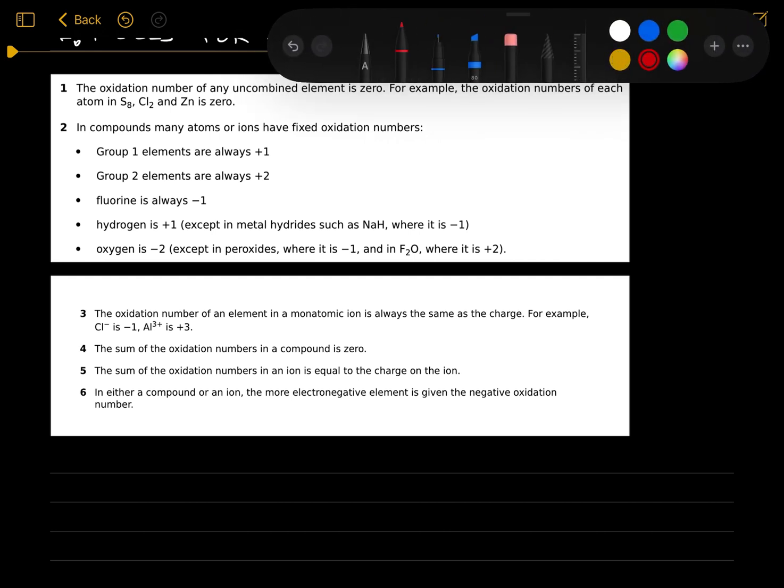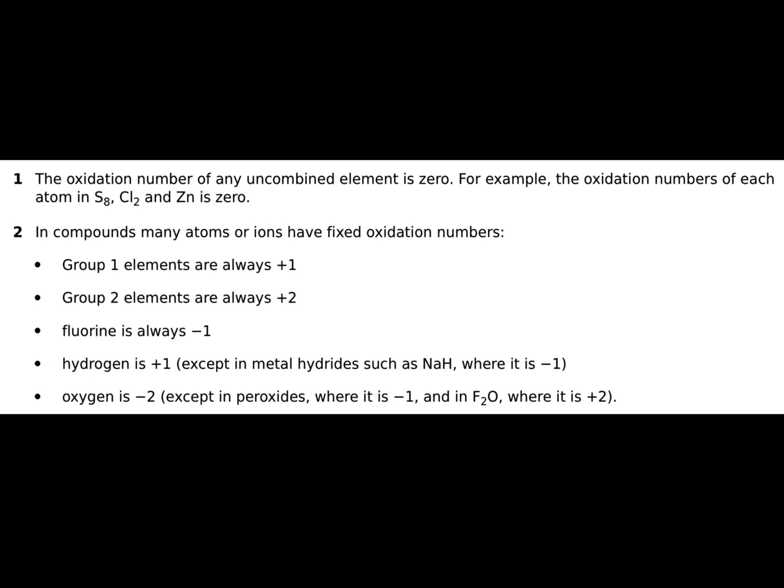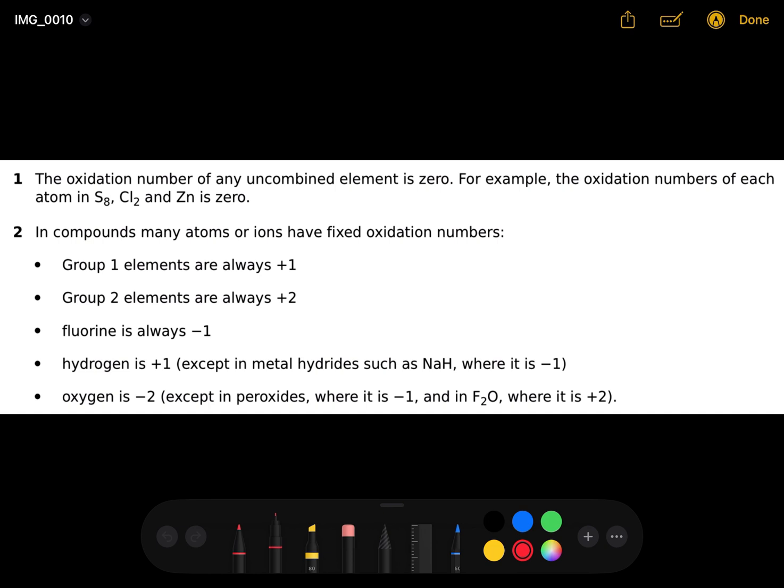What does the first rule say? The first rule says that the oxidation number of any uncombined element is always 0. Whenever you have any uncombined element, you can say you have sodium, zinc, or iron, basically any element in its natural form.